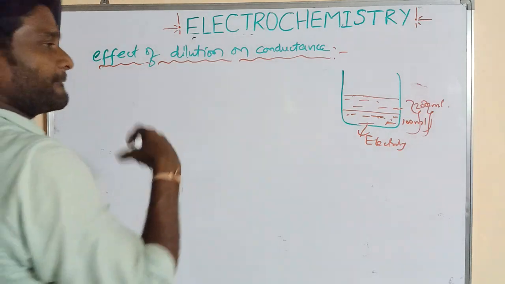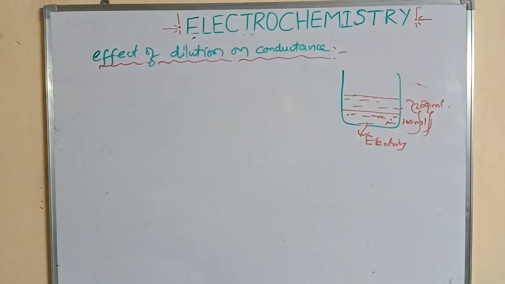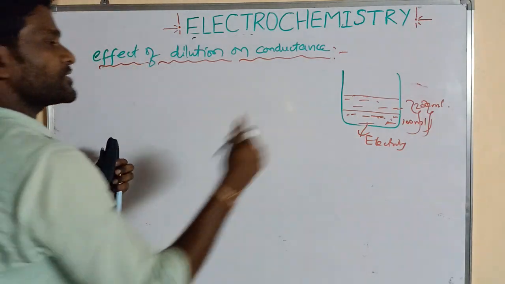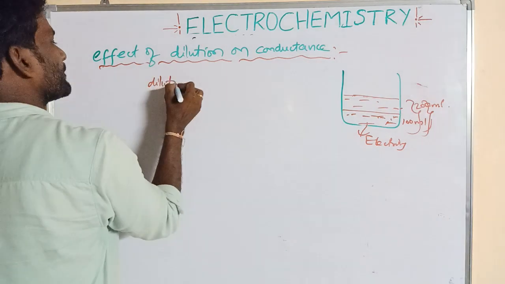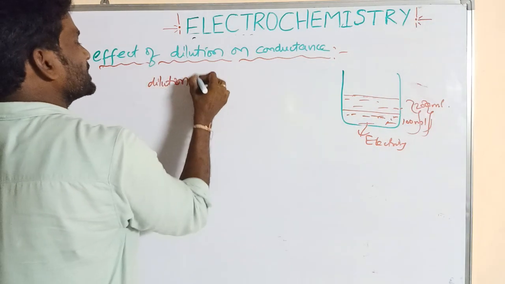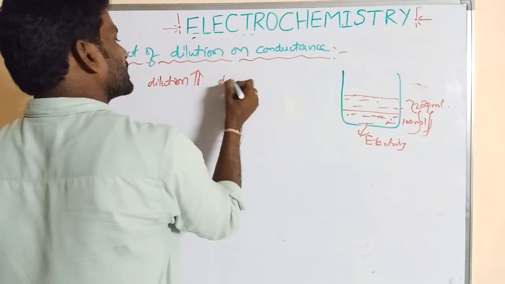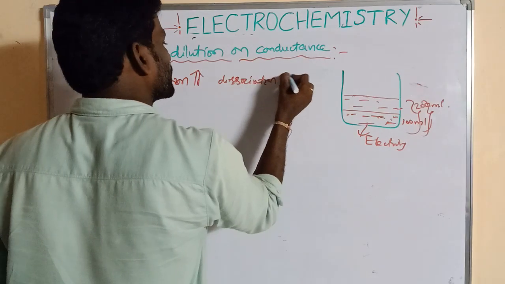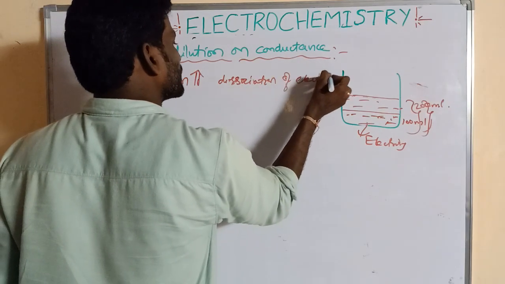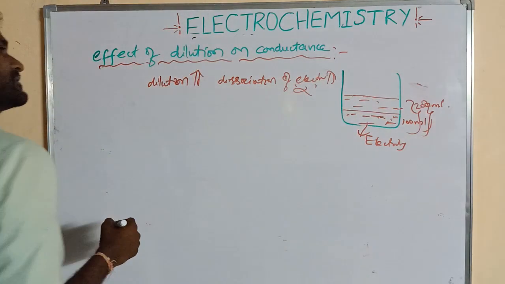If the dilution increases, like adding water increases, the degree of dissociation of the electrolyte also increases, like alpha, the degree of dissociation, increases.